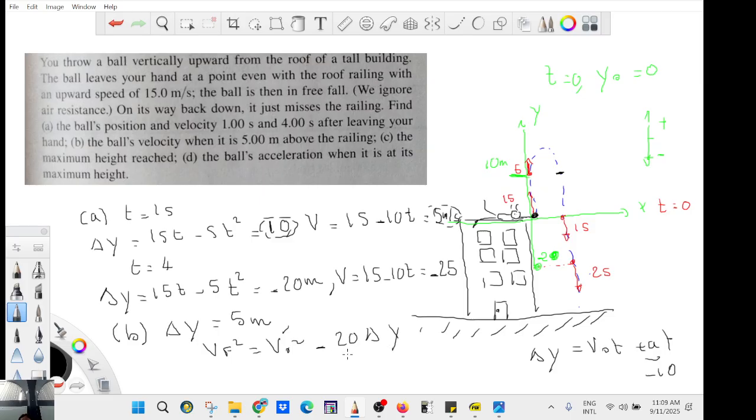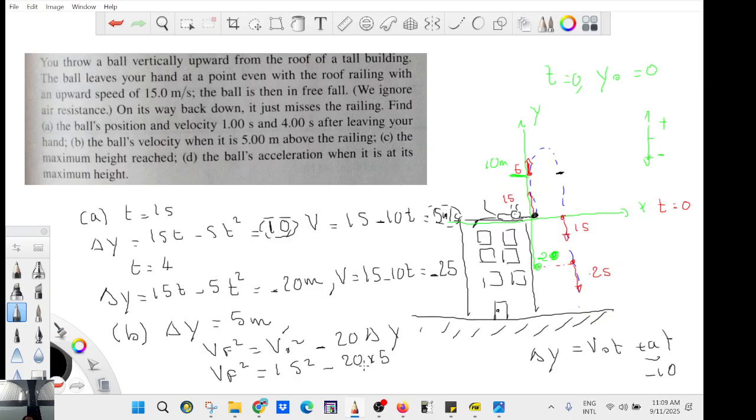So v final squared equals v initial squared minus 20 delta y. Why is it negative 20? Because a equals negative 10. 2 times negative 10 is negative 20. So final velocity squared equals initial, which is 15 squared, minus 20 times displacement, which is 5.